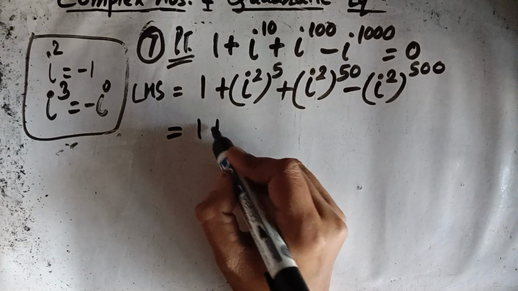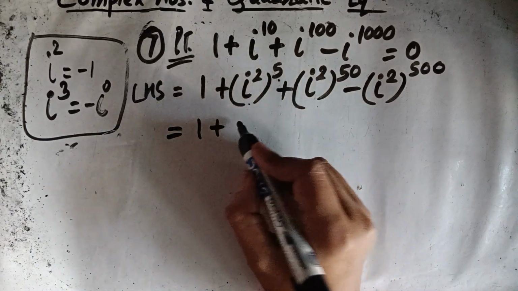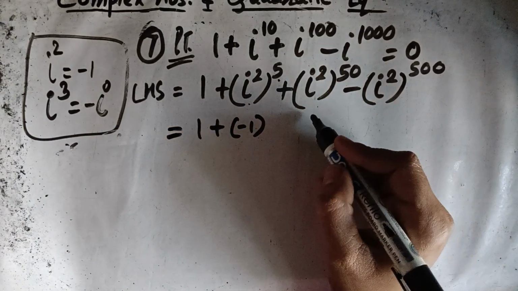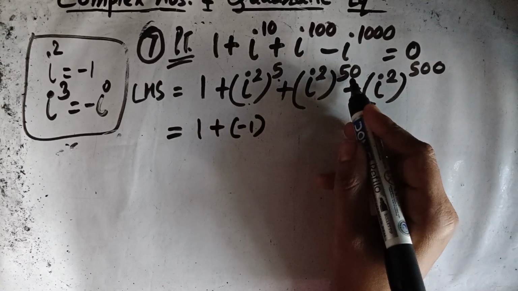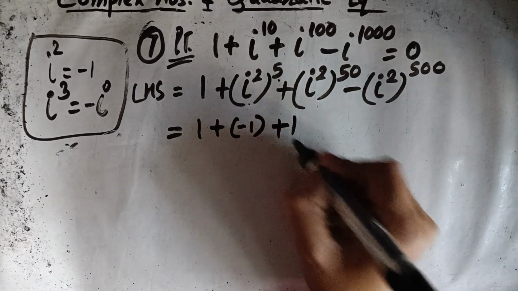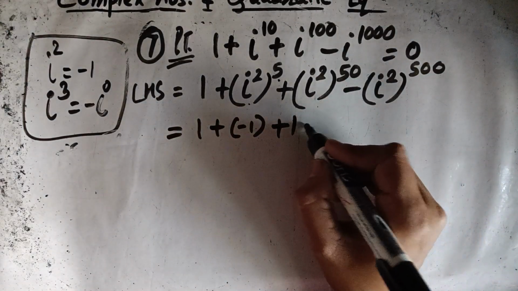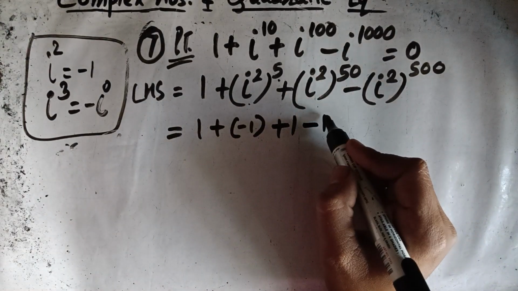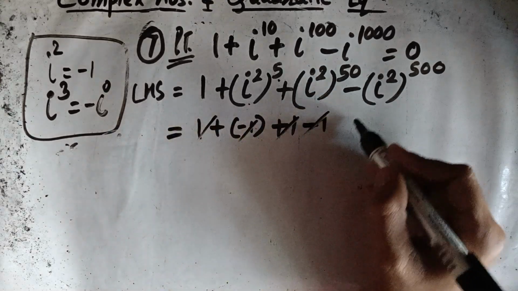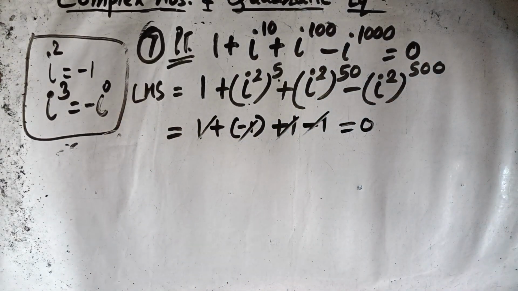So i square is minus 1, minus 1 raised to 5 is minus 1. This is positive and this is also positive. So minus 1 plus 1 plus 1 minus 1... this is 0, which is our RHS. So these are some examples of how to convert that i.